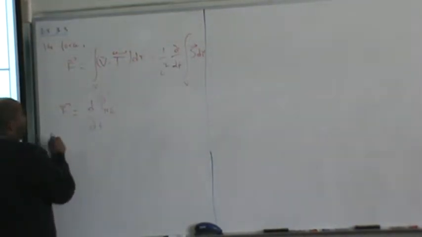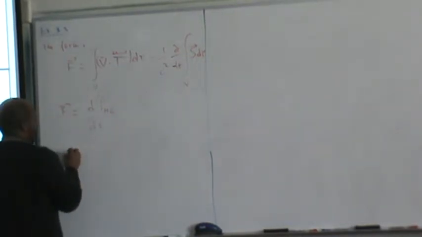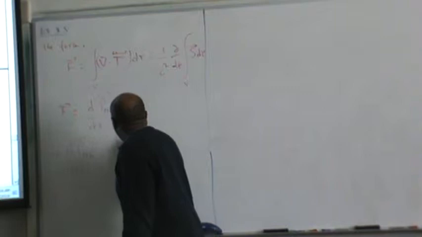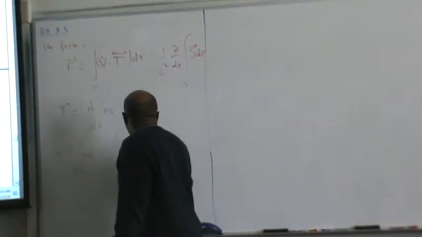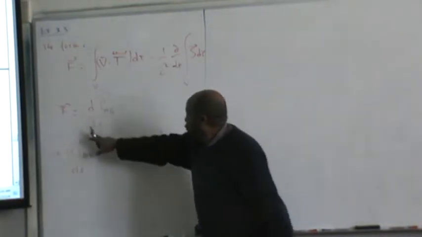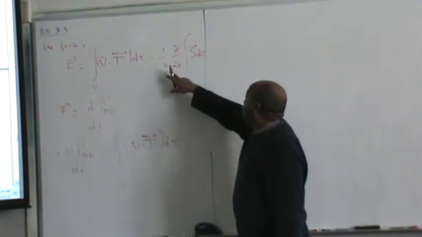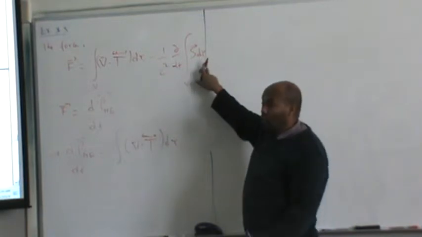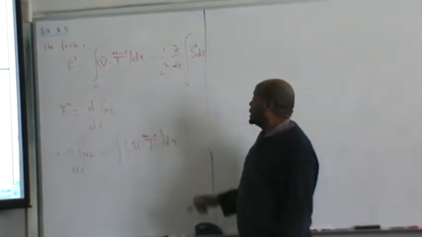Using that definition, we showed that this electromagnetic force can be expressed as dp mechanical by dt equals the integral of the divergence of the Maxwell stress tensor d tau, and by comparing, 1 over c squared times the integral of the Poynting vector over the volume must be the electromagnetic momentum.